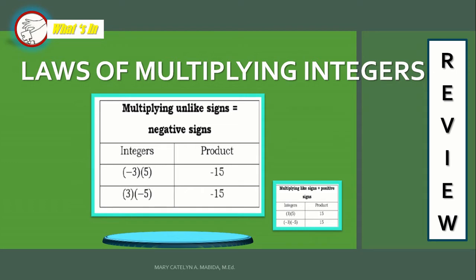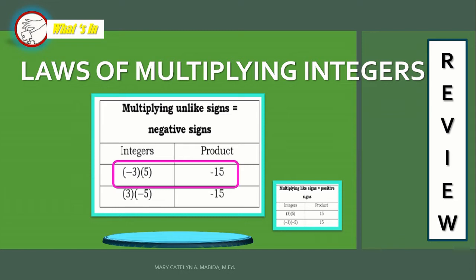Now this time, what are you going to do if your numbers have unlike signs? For example, negative 3 and 5. The sign of the first integer is negative.